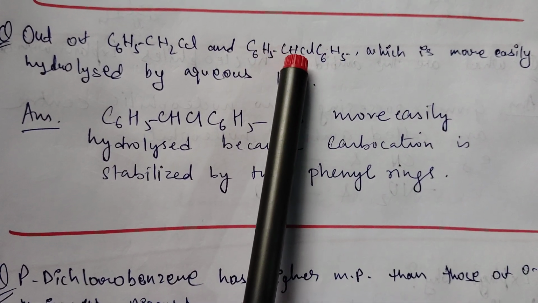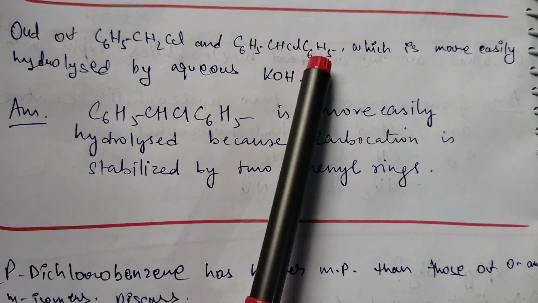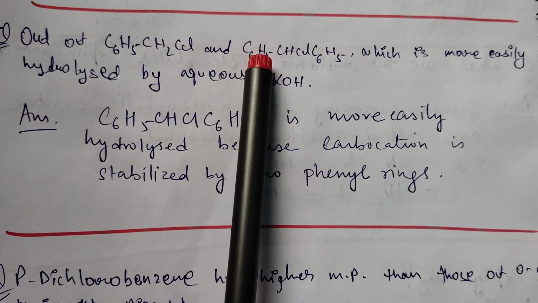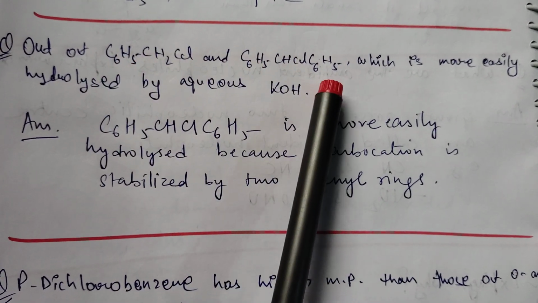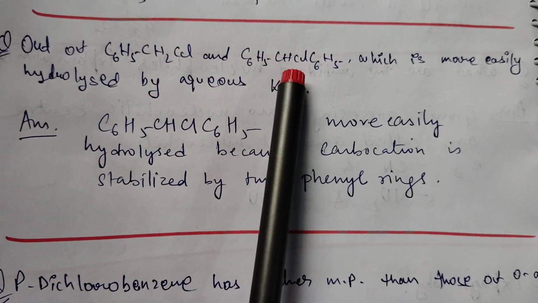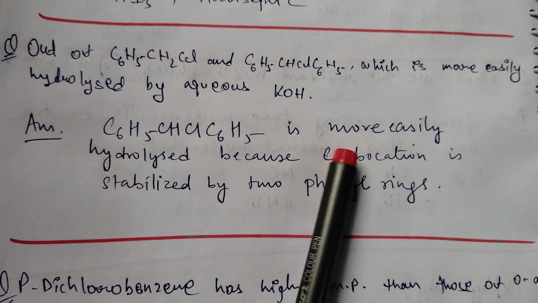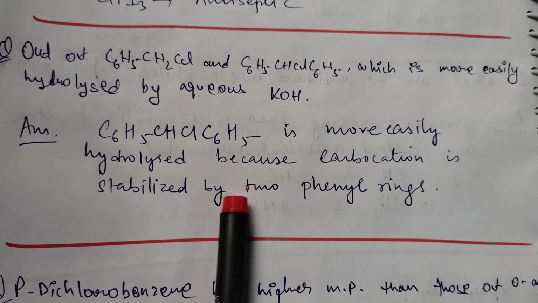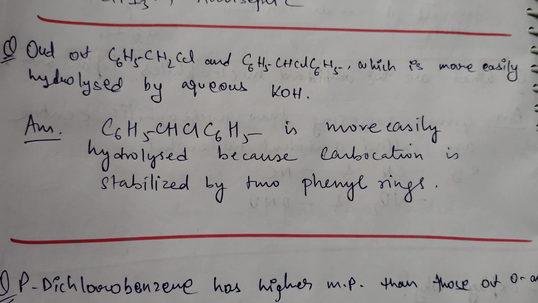So this plus charge will get delocalized due to the presence of benzene rings. It means that it is getting stabilized. The more the benzene rings, the more stable the carbocation, and it is more easily hydrolyzed. So the answer is, this is more easily hydrolyzed because the carbocation is stabilized by two phenyl rings. Phenyl means benzene rings.